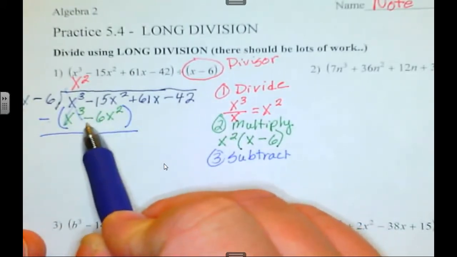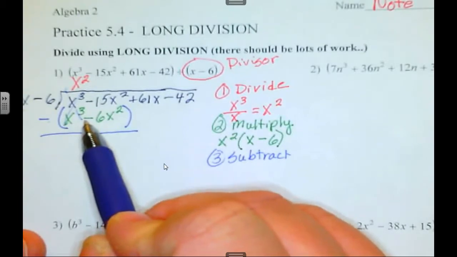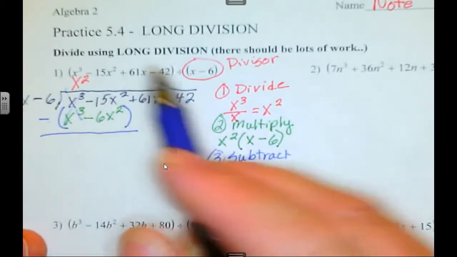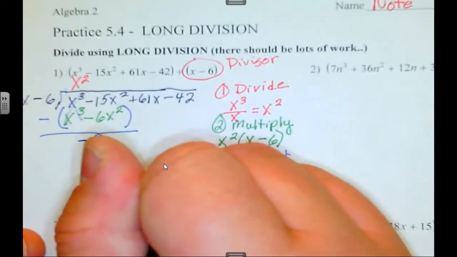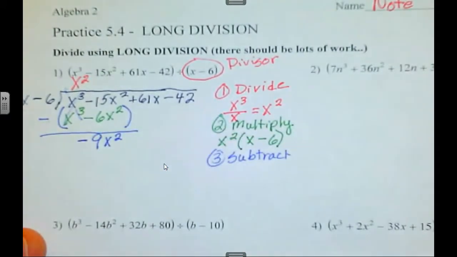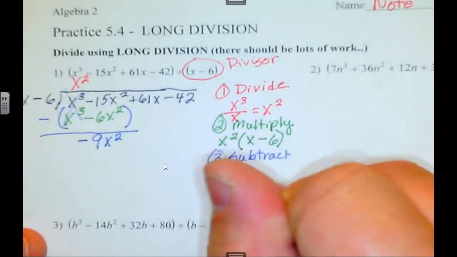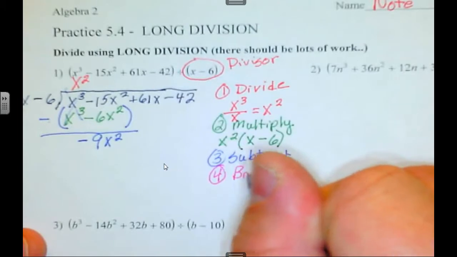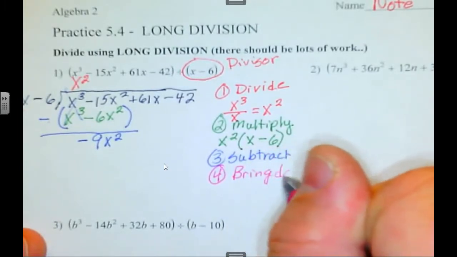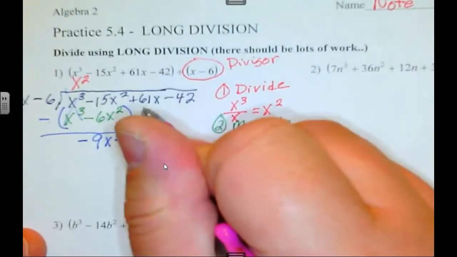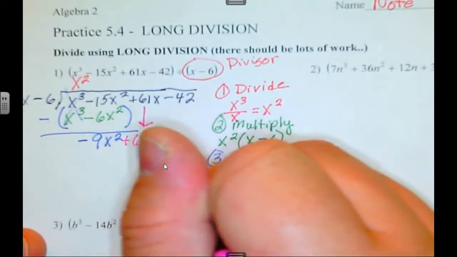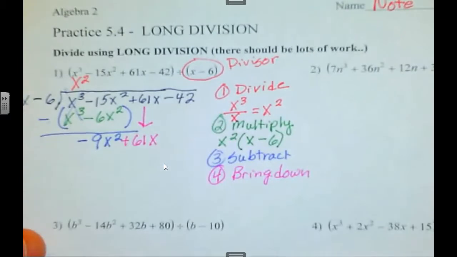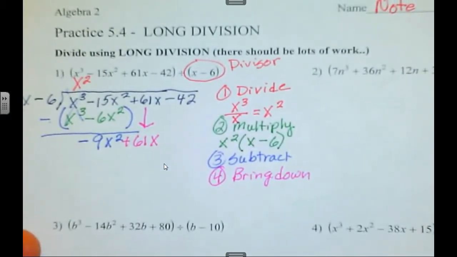You actually add them because of the double minus. So I have negative 9x squared. And then step 4, bring down. So I'm going to bring down this plus 61x. And then start over.